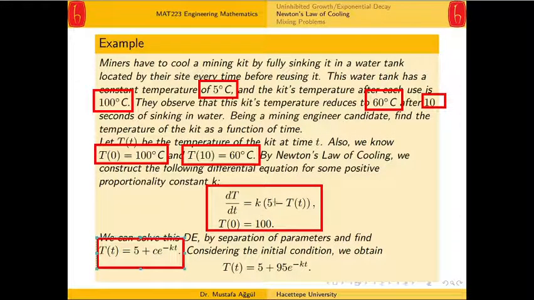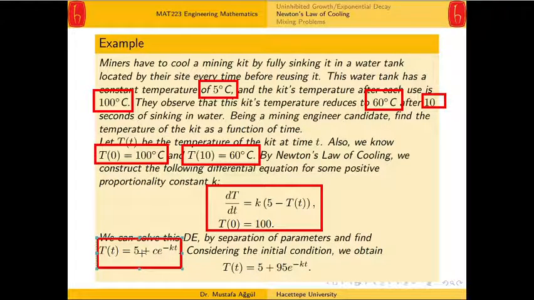This can be solved by separation of variables easily. This is basically dT over 5 minus T is equal to k times dt, and here we will have a natural log on the left and kt on the right-hand side. If we eliminate the natural log, we will end up with the exponential function and it will look like this. You should do it on your own.